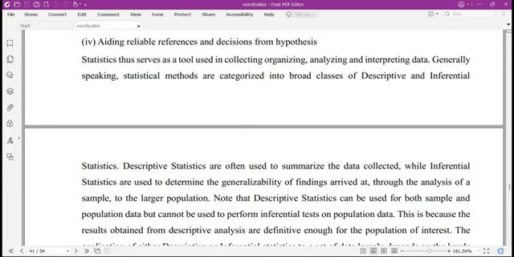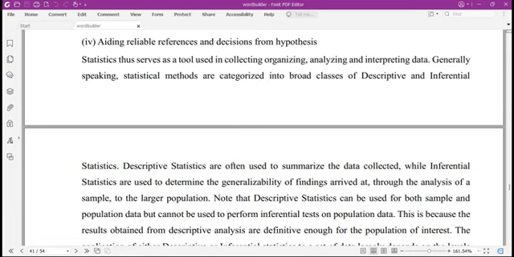So when you're talking of inferential, you're talking about making predictions. It helps to make predictions about a larger population. Descriptive takes facts from your summary. It helps you to summarize your data. But when it comes to inferential, it helps you to analyze. It talks about the larger population. It analyzes the larger population, and it helps you to be able to make predictions about that particular population.